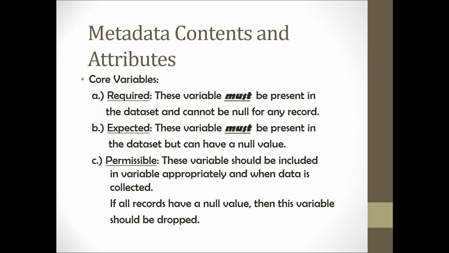Metadata core variables are classified into three categories: required, expected, permissible. So whenever I say a variable is required, the meaning is this variable must be present in the data set.